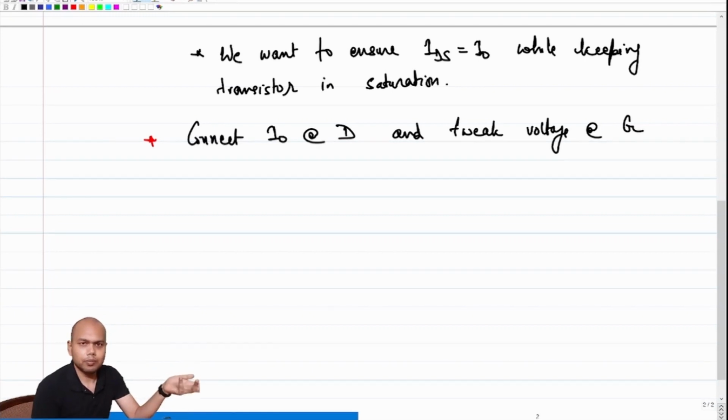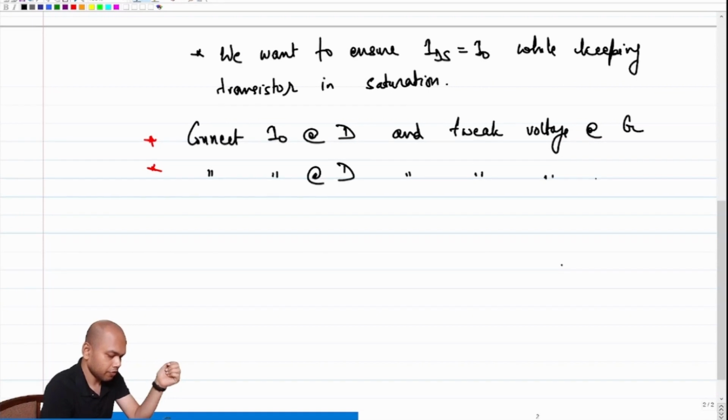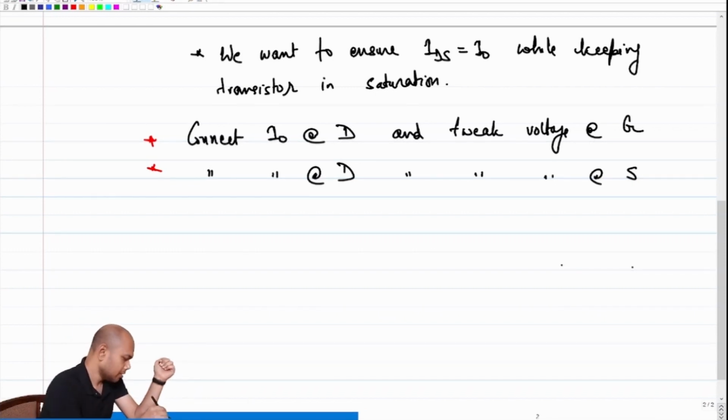This is what we did in the previous lecture. What are the other options? Obviously, one of the other options is connect I naught at drain and tweak voltage at source, right? In principle, I can do that. How to do that is a matter of detail. We'll have to look into it, but in principle, we can do that.